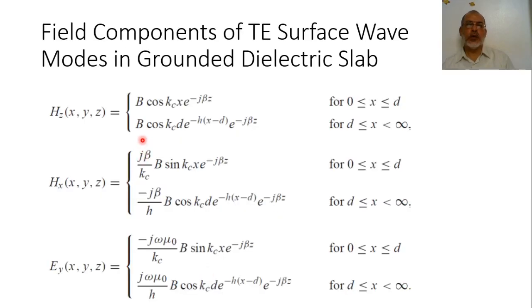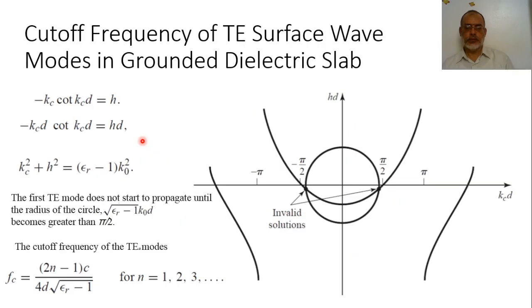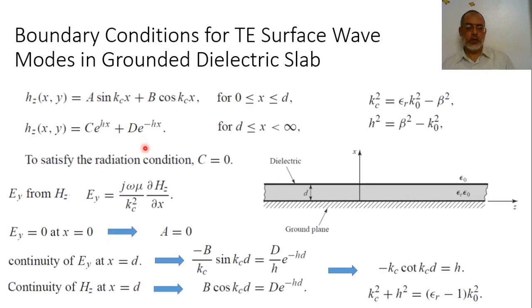So the value of b, sorry, no, I'm sorry. The relation between b and d: d equals b cosine kcd multiplied by e to the power hd.